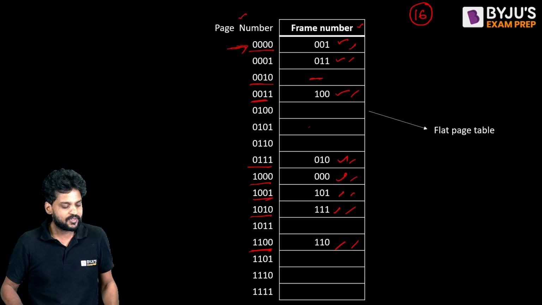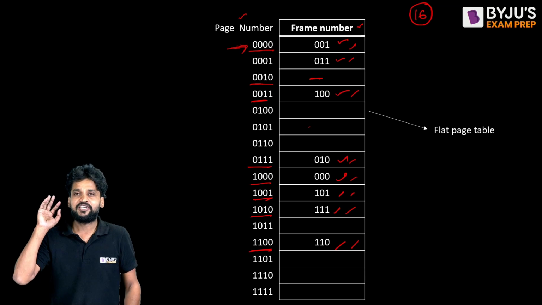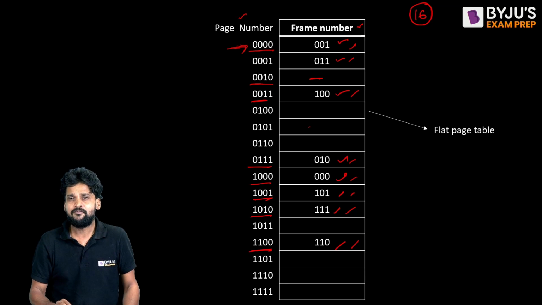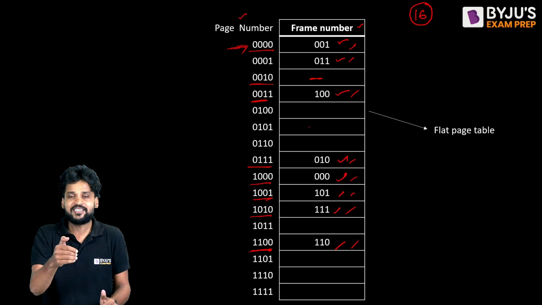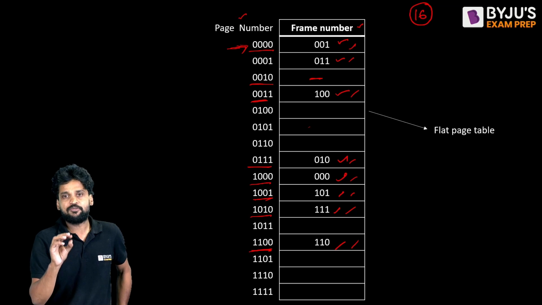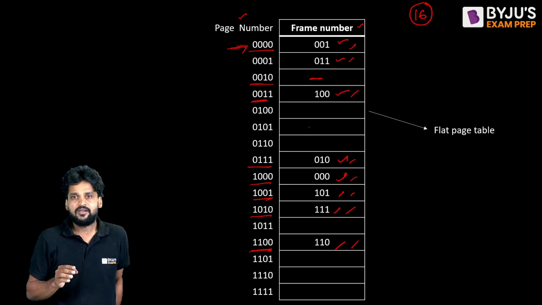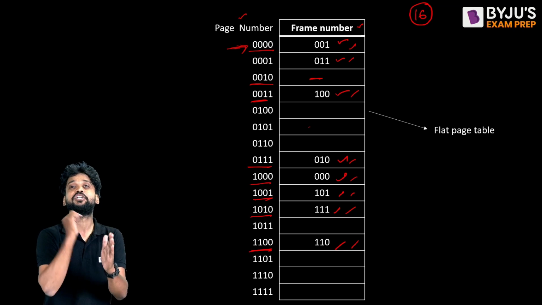Now fine, so what is the problem? Let me tell you. Straight away you can see the problem. What we have just done is design a page table asking for some space from the main memory. Main memory, whenever it gives some space to you, has a constraint. It will tell you, okay, fine, I'll give you the space, but use it fully.